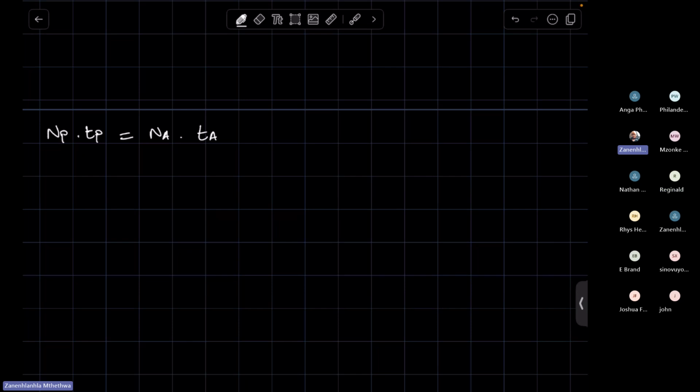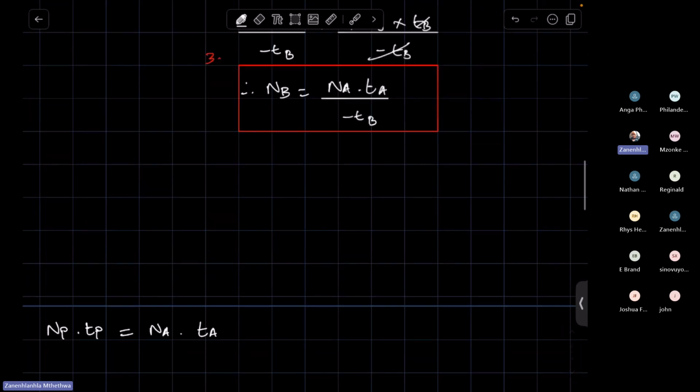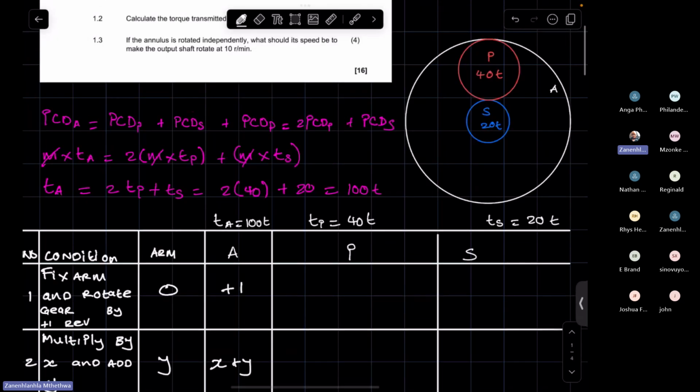Next, you establish the direction of rotation. Now we are looking at a typical epicyclic gear. Whichever gear meshes with the annulus, if the annulus has teeth ground onto it on the inside circumference, tends to go in the same direction as the annulus. Now the annulus here, from the first condition, we're told must rotate by 1 revolution clockwise.